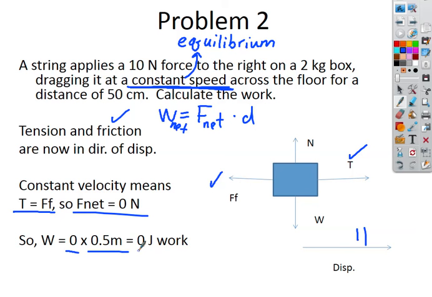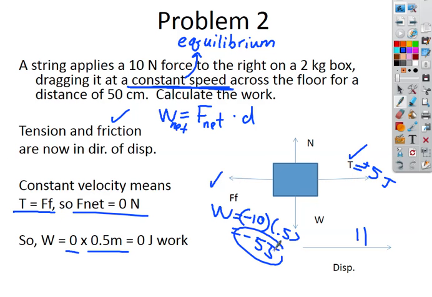What's happened here is I could say tension is going to do 5 joules of work, positive 5 joules of work, but what's the friction doing? The work by the frictional force would be negative 10 newtons, because it's in the opposite direction of motion, times 0.5, so it's going to do negative 5 joules of work.